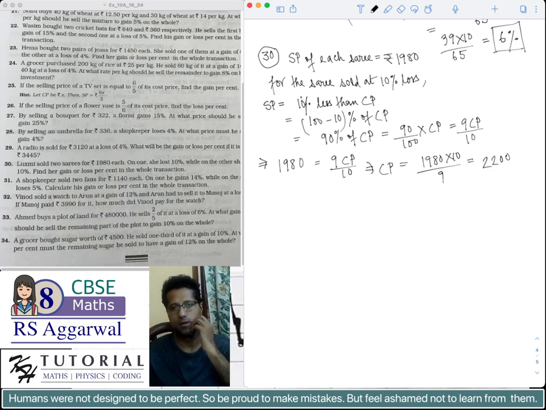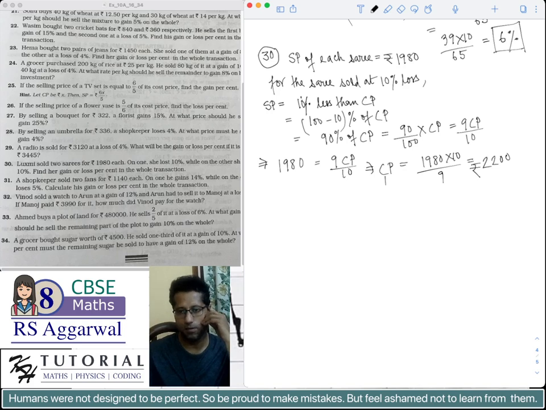So rupees 2200 is the cost price of the sari which was sold at 10% loss. Similarly, we have to find the cost price of the sari which was sold at 10% gain.